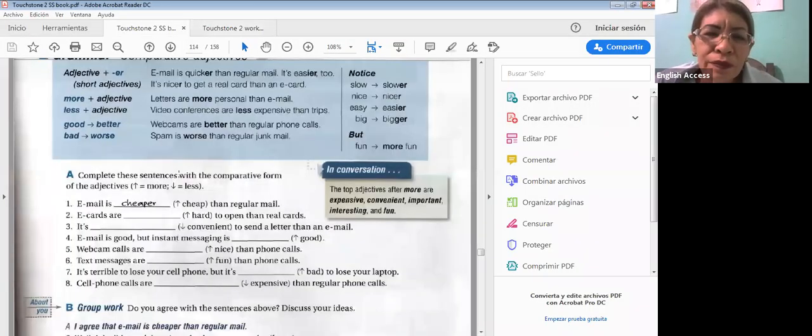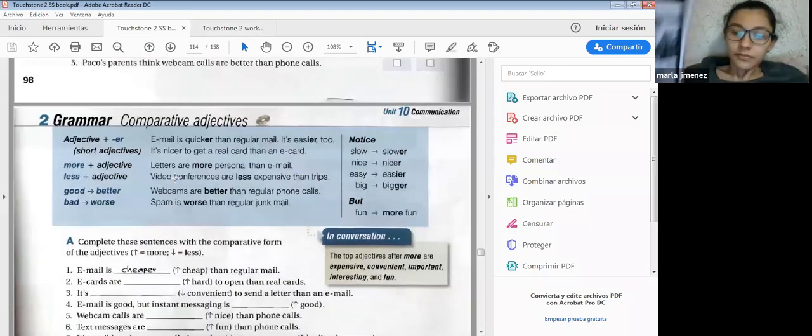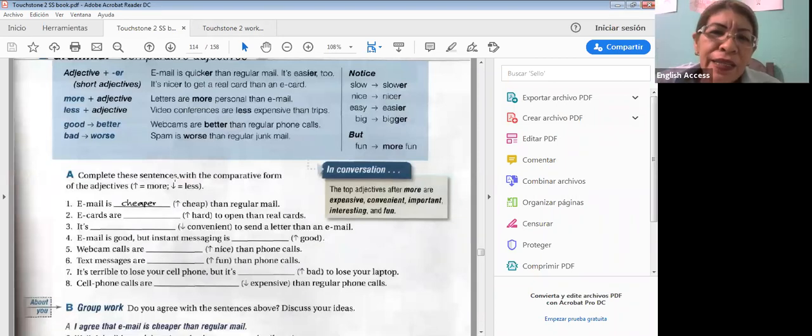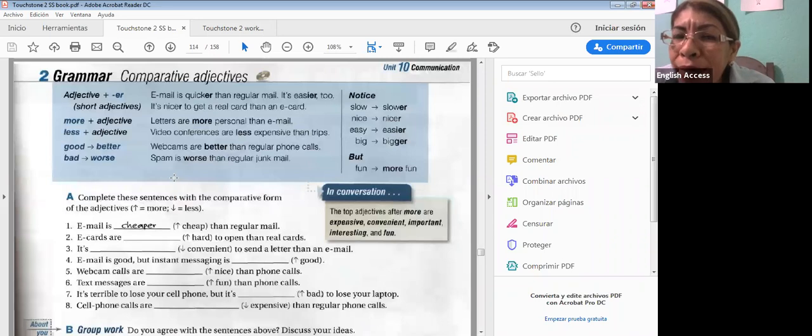So let's continue with the student book, page 99. Once again, pay attention to the grammar chart.